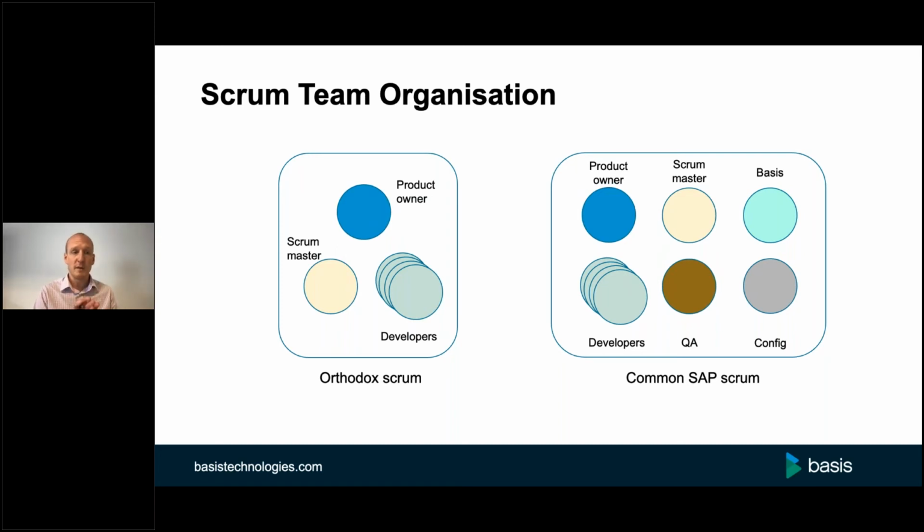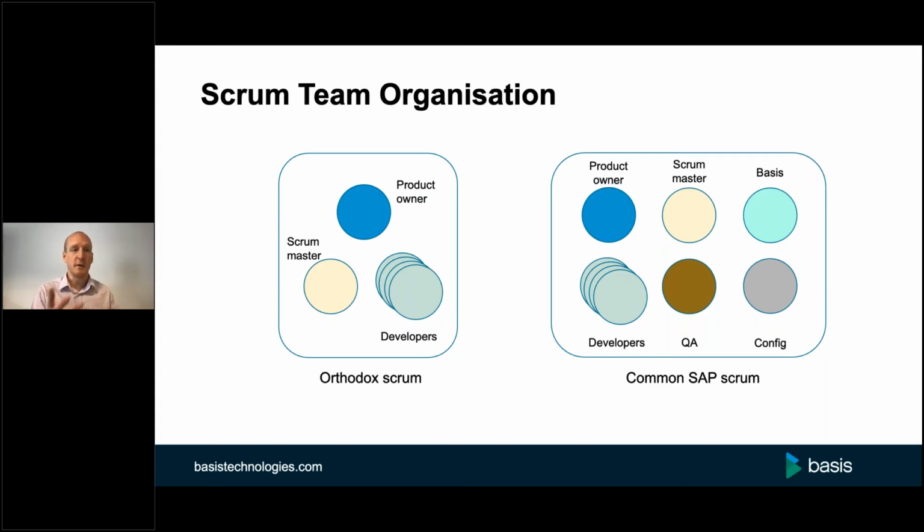We have developers, but we also have a Scrum Master and a product owner. The product owner is there to represent the customer, the end user, maybe the business process owner, and it's the product owner that defines the work we're aiming to do. The Scrum Master is there to facilitate the process and help make that happen. So the Scrum Master needs to be educated in how Agile works and Agile techniques and be ready to support the team through that.